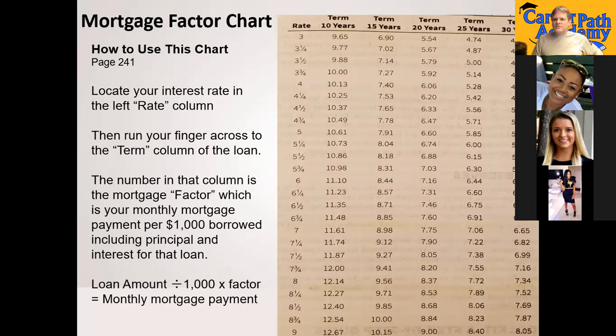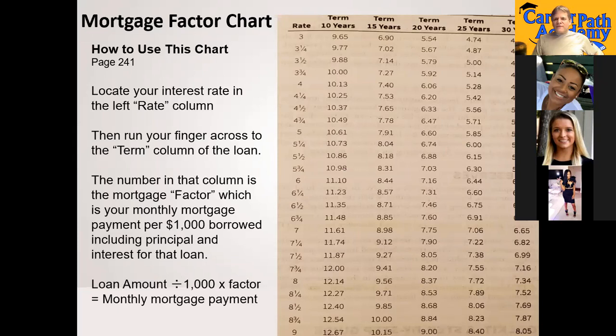This is dollars. So for every $1,000 you borrow at 5% interest on a 30-year loan, your monthly mortgage payment is $5.37 in a fully amortized 30-year loan. So built into this $5.37 is your principal and interest payment. Got it? Okay.